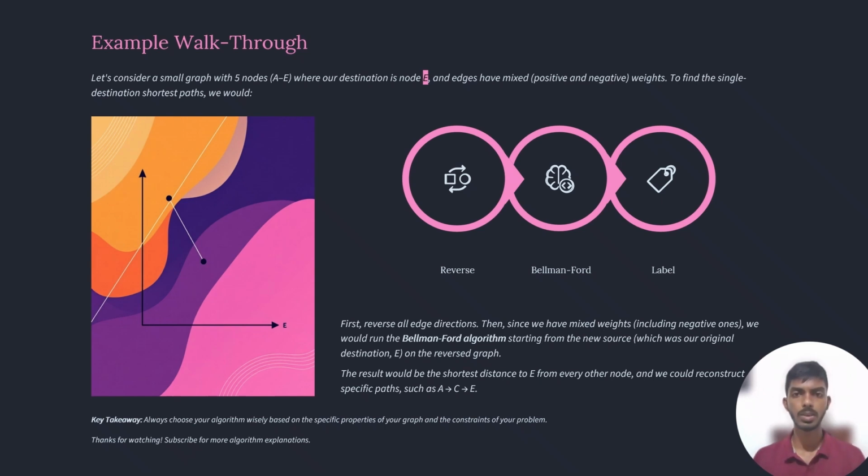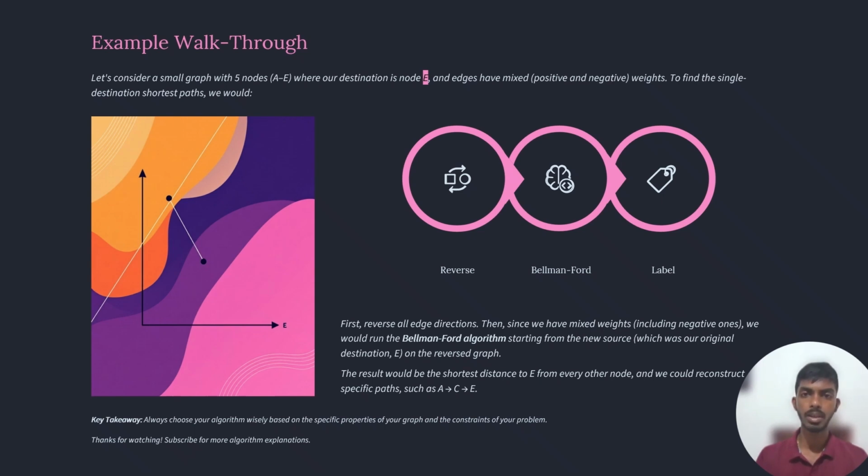Let's put all this together with a small example. Imagine five nodes, A to E, and the destination is E, with mixed positive and negative weights. Step one is to reverse all edges. Reversing all edges means now E is the source. Step two: because we have negatives, we run Bellman-Ford from E. After relaxation, we get shortest distances to E from each node.